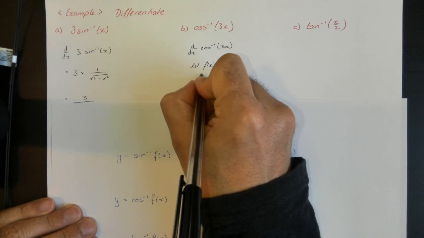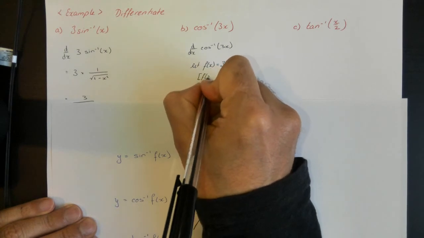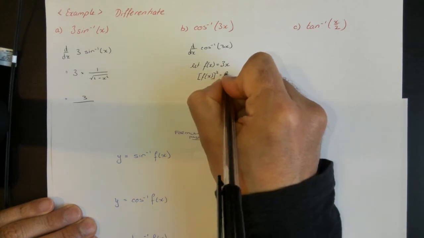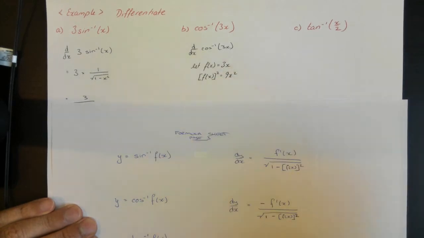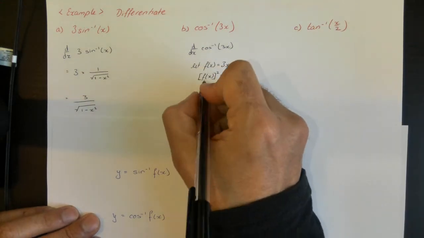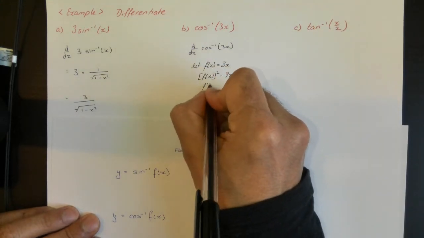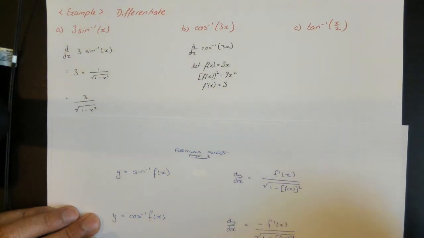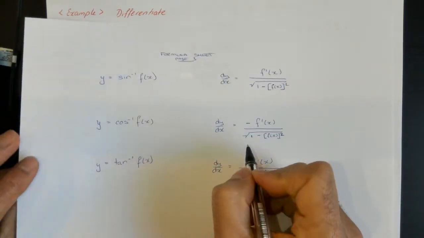So the square of that is going to be 9x squared. But the derivative of f of x is going to be 3. So I'm going to use this rule.